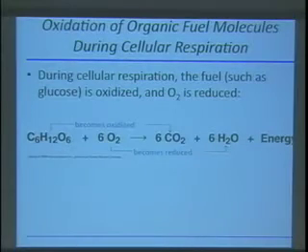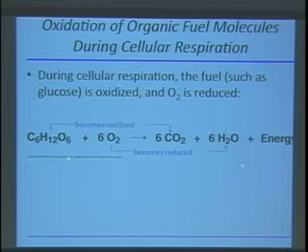All right, so this is now looking at an example that's a little more relevant to what we're talking about in biology, which is the fuel, which is glucose here, becoming oxidized to carbon dioxide and producing energy and water in the process, right? And so this is the reaction that we're going to be considering.